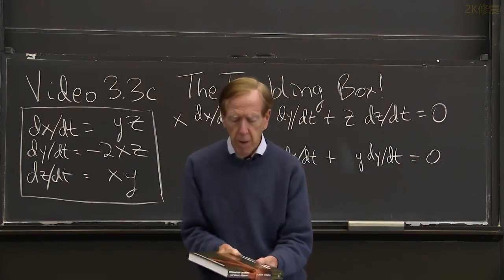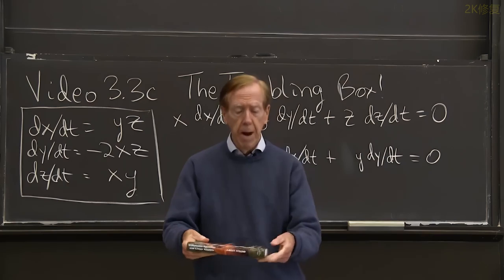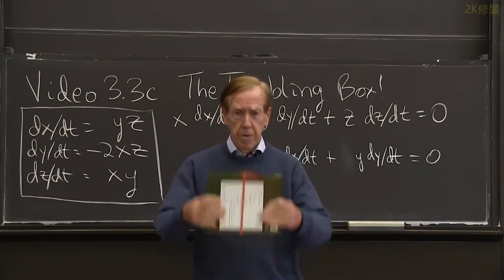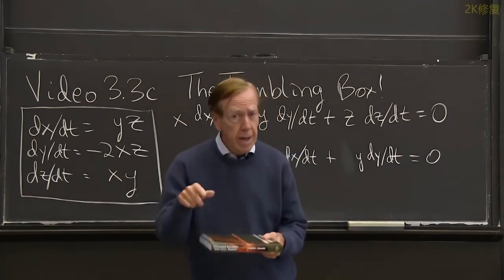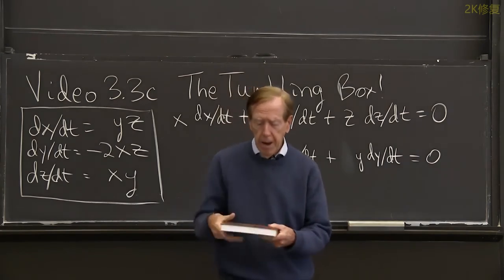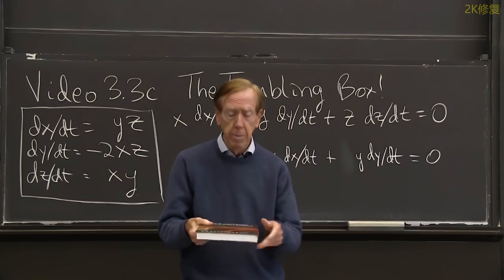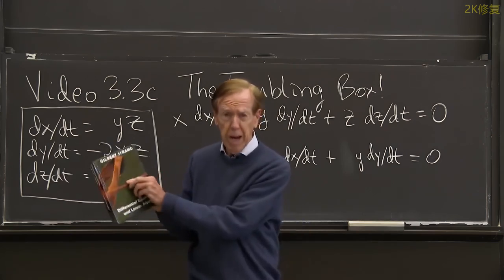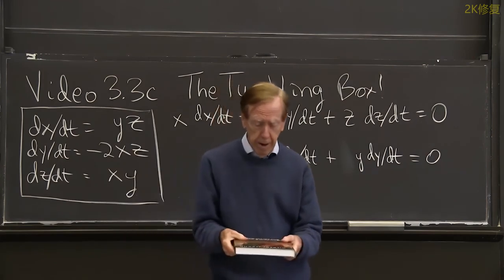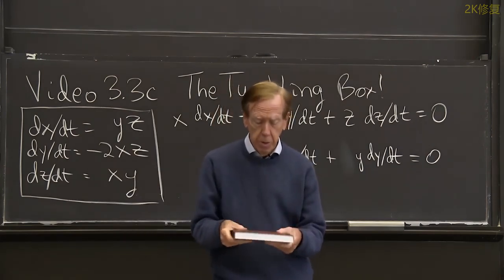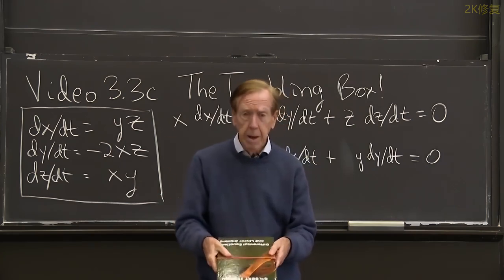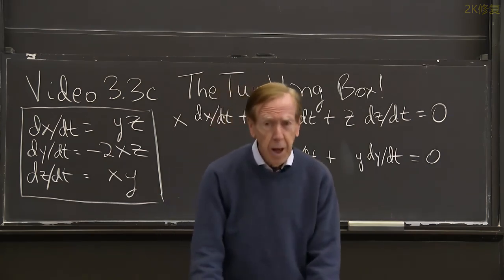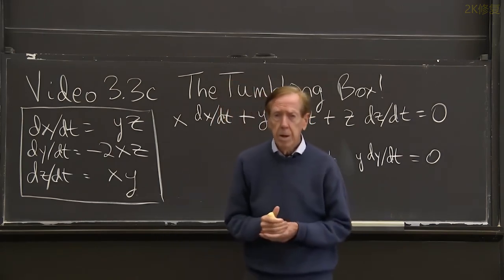Then I'll throw it around the long axis, flip like this. I think that will be stable too. And then finally, on the intermediate axis, this middle length axis, notice the rubber band that's holding the book together so the pages don't open. And this, we'll see, I think will be unstable.